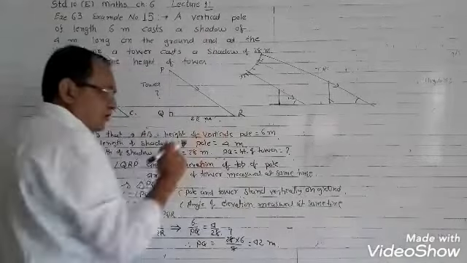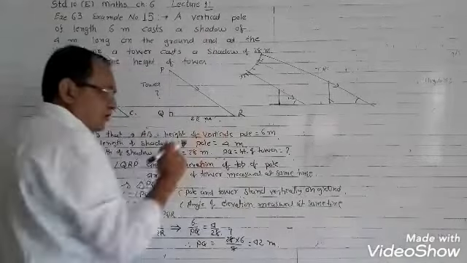So PQ is equal to, cross multiply, 28 into 6 divided by 4. 4 sevens are 28, 7 sixes are 42. 42 meters is your answer. Is it clear?